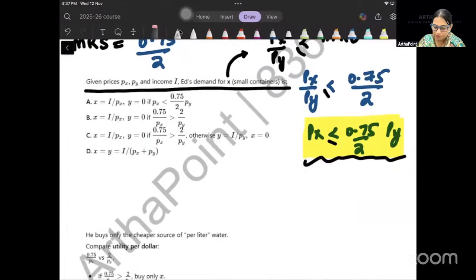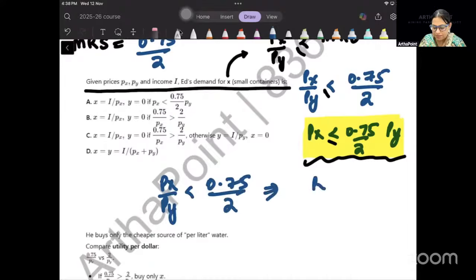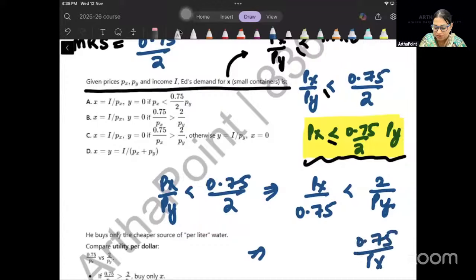So Px by Py less than 0.75 by 2 implies Px by 0.75 less than 2 by Py. But C says 0.75 by Px greater than 2 by Py. This can also mean 0.75 by Px greater than 2 by Py.